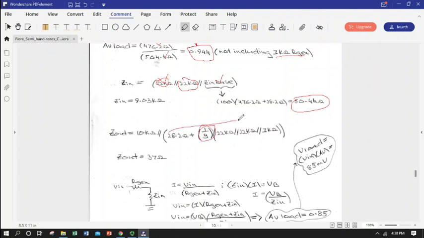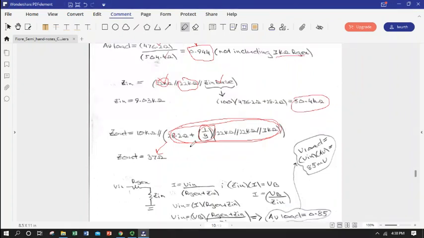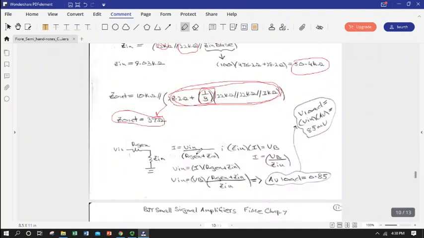So this number ends up being really, really small. And because this is really small, in parallel with something big, this one actually determines the output. So we end up with a really low output resistance, and that's what we want to reduce our loading effects. So this is a good thing. We have a high input and a low output.